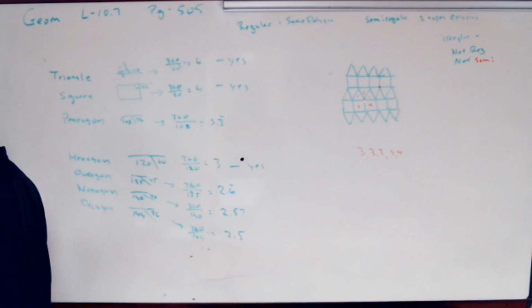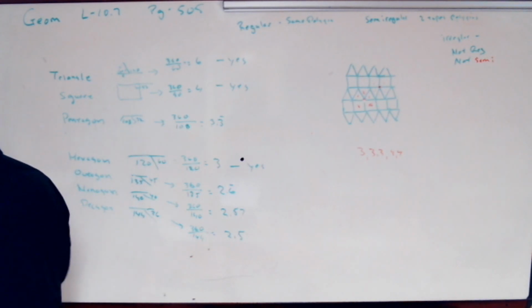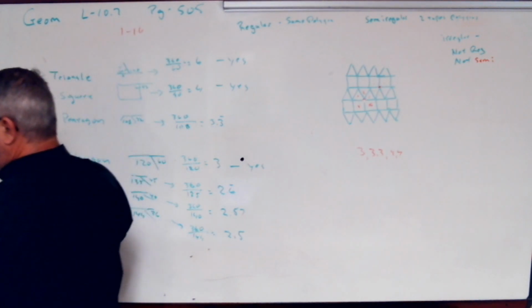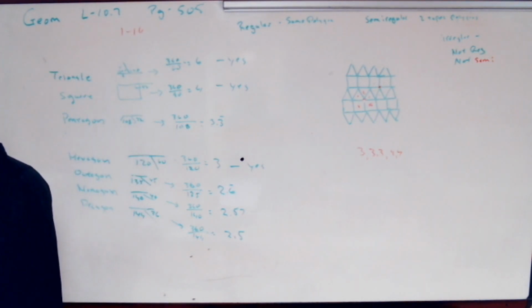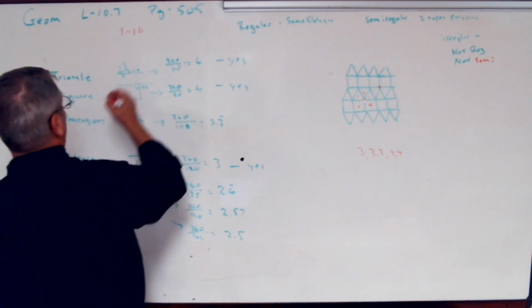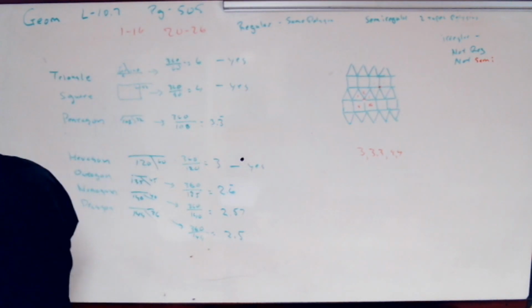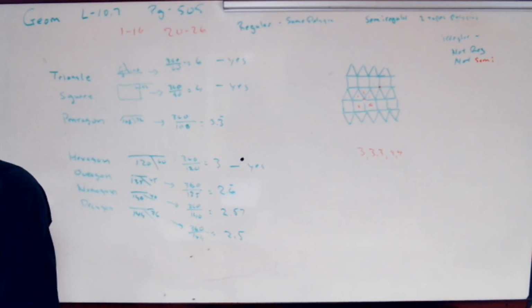All right? So on here, you're going to do 1 through 16. Then you're going to turn it over and do 20 through 26, and then 20 through 29.